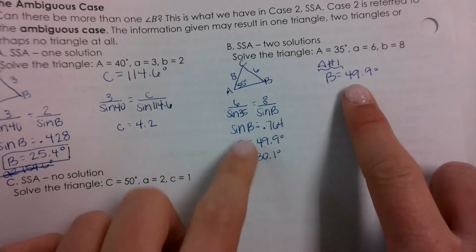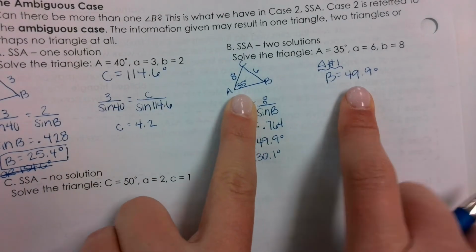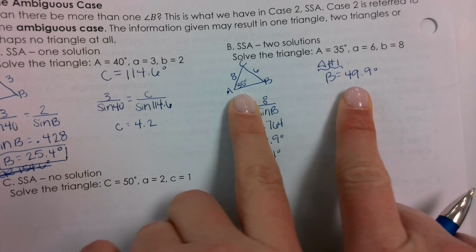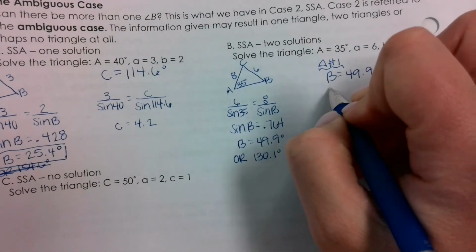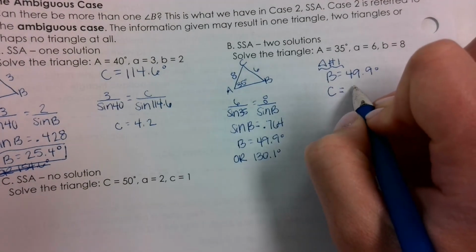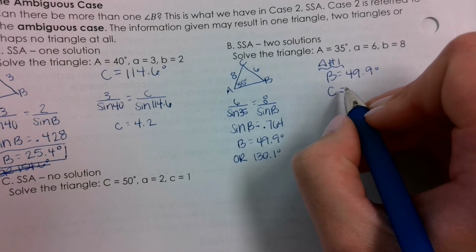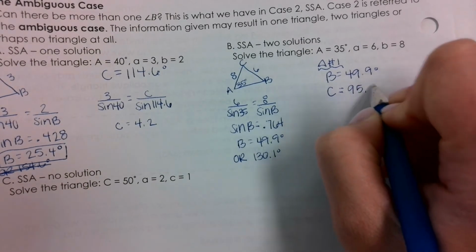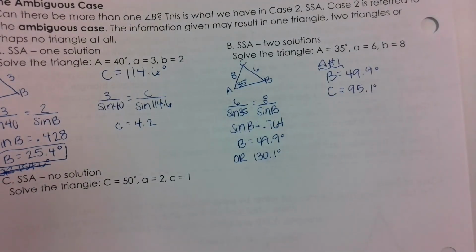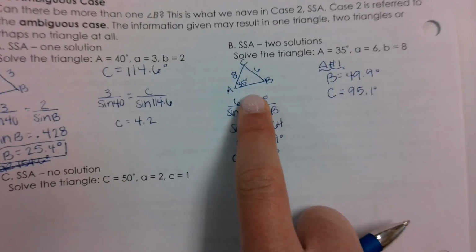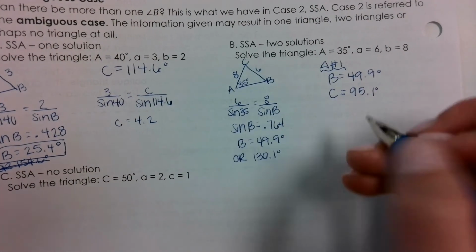If we know angle B and we already knew angle A, we could solve to find angle C. So subtract 180 minus the angles that we have. And what do you end up getting for C? 95.1, is that what I heard somebody say? Then, since we have angle C, we could find side C after setting up our law of sines, those little proportions.